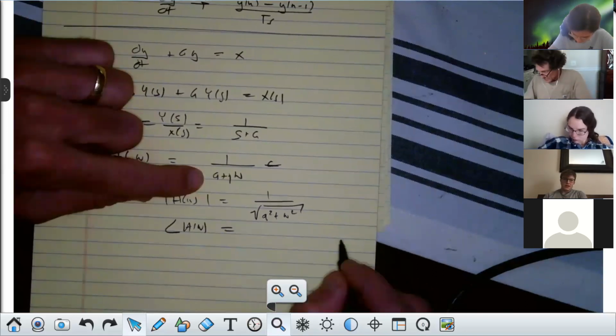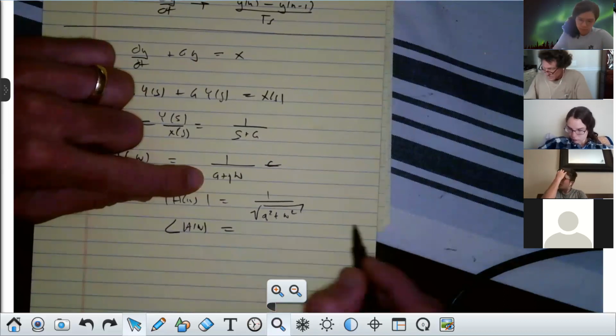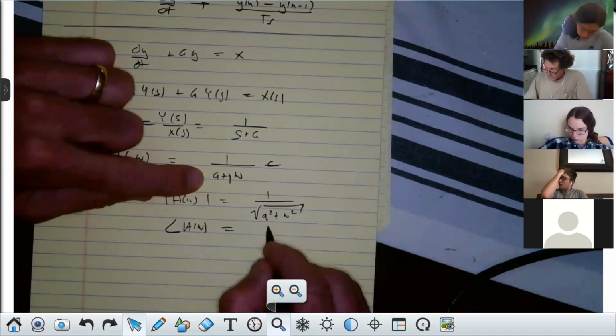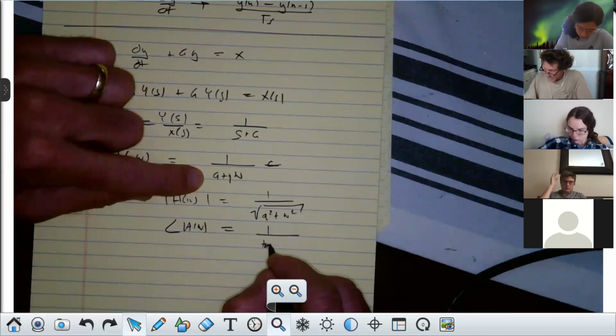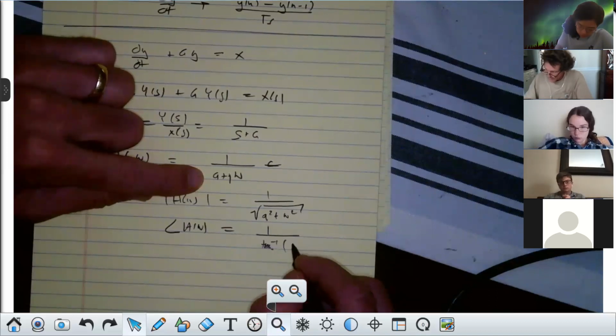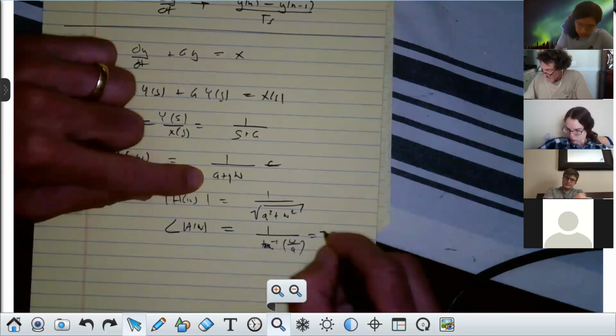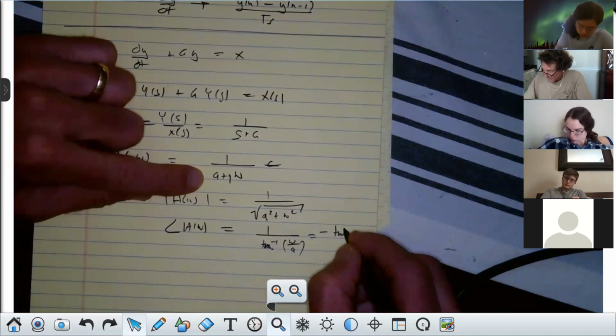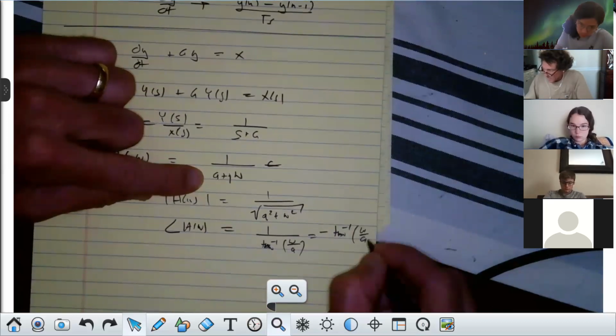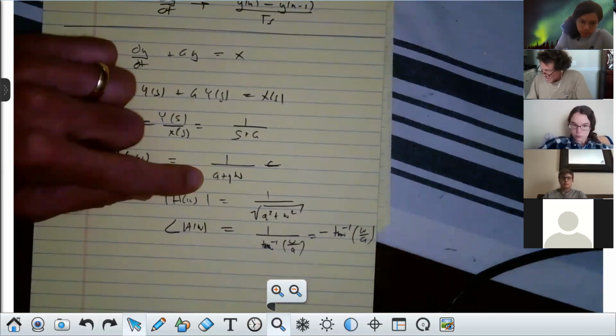Downstairs it would be tan minus 1, inverse tan of omega over a, right? And when it comes upstairs, it's minus the inverse tangent of omega over a, correct?